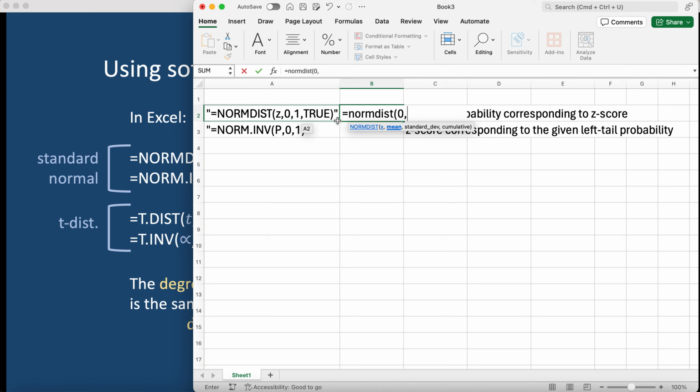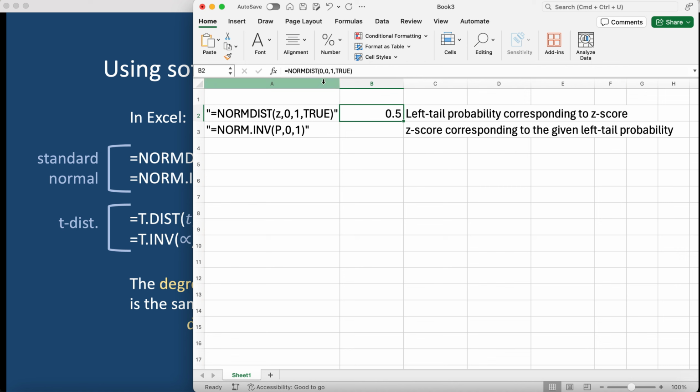Then I can choose to put in any mean and standard deviation. For the standard normal distribution, the mean is 0 and the standard deviation is 1, and then true gives me the cumulative, which is what you want. So 0, 1, true stays the same. I put in 0 for the z-score, and it gives me 50%, or 0.5.